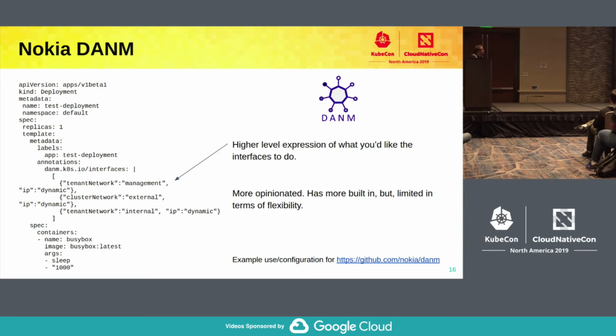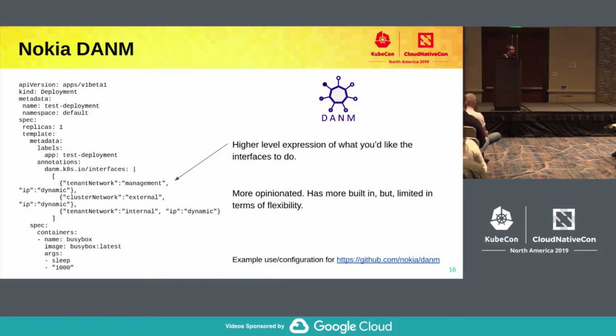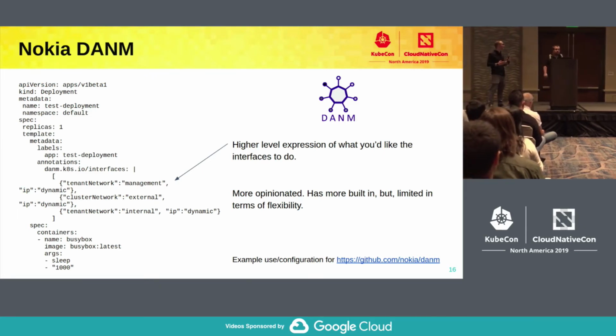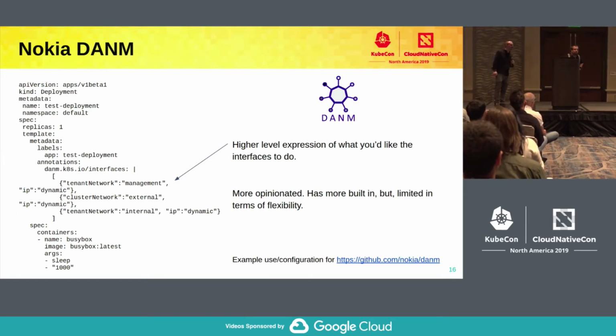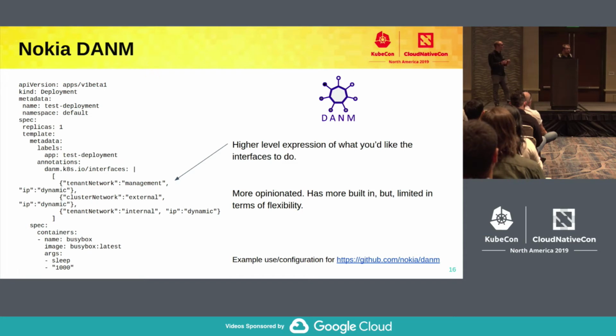Another technology that acts in a similar fashion but is different is Nokia's Danm. Something about Danm that I think is interesting is that it provides a more opinionated way of attaching to multiple networks. Instead of having arbitrary CNI plugins that you can attach to, it has its own customized custom resources that speak about specific aspects of those.